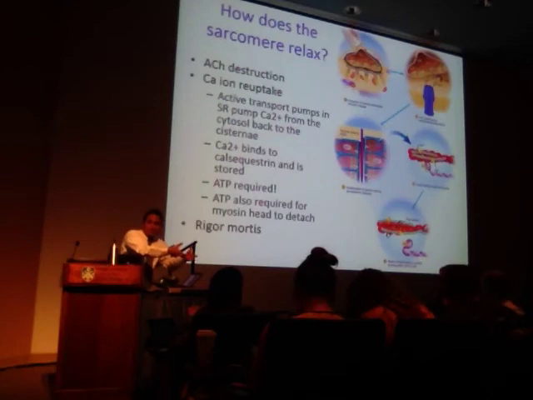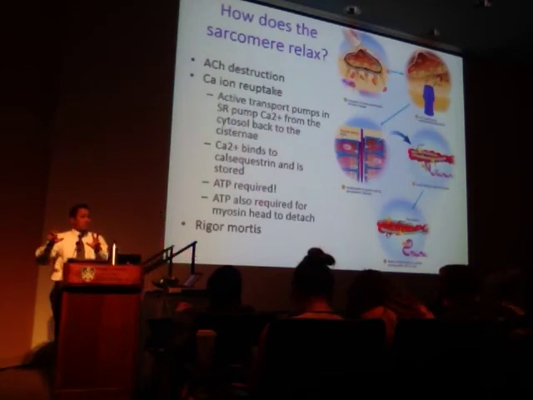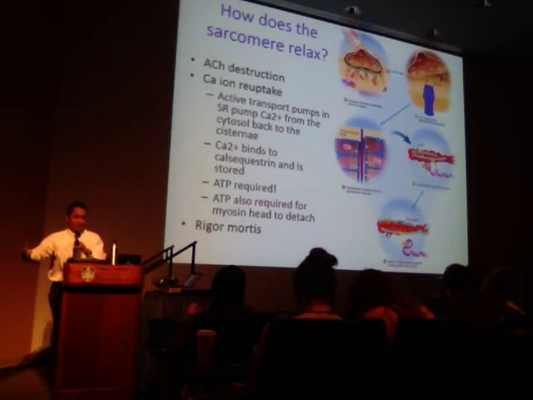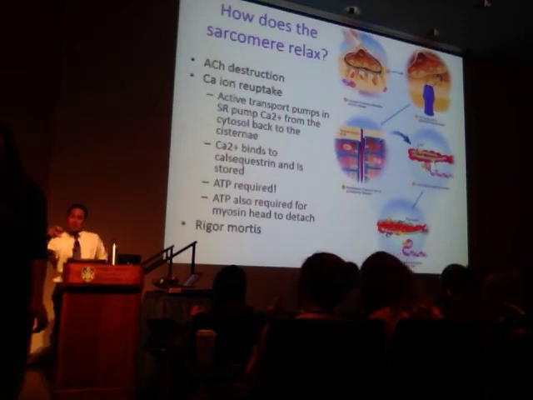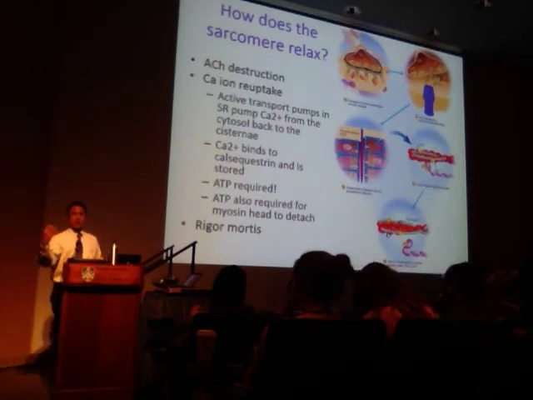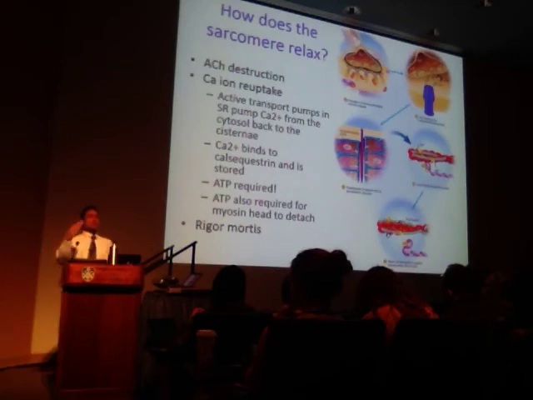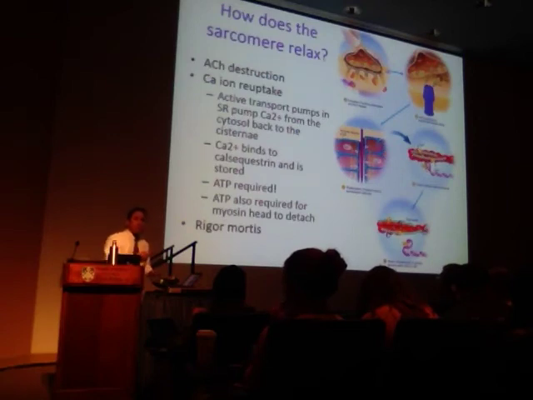Inside the SR, and it's relatively low in the cytosol, outside the SR. So to pump it from the sarcoplasm into the SR, where the concentration is higher, you need active energy to run that pump.